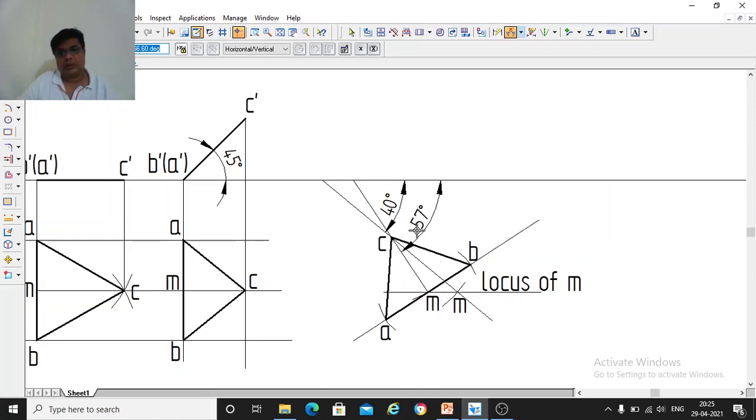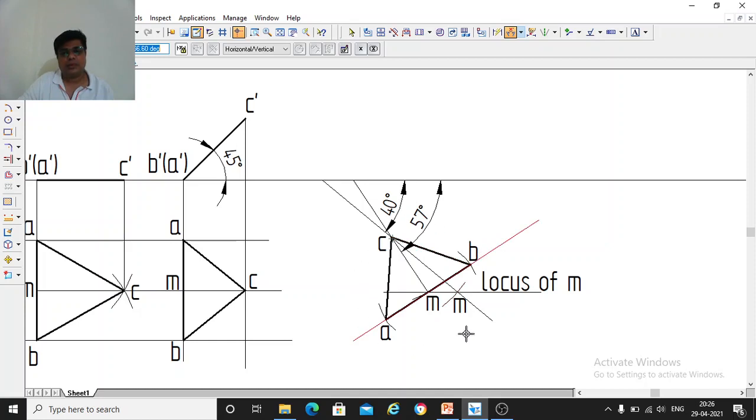So this angle is called the beta angle. So you can see here that the true length CM is making an angle of 40 degrees with the vertical plane, and the apparent length CM is making 57 degrees with the vertical plane. So this angle is called the beta angle. So you just measure it with your compass and you can write here.